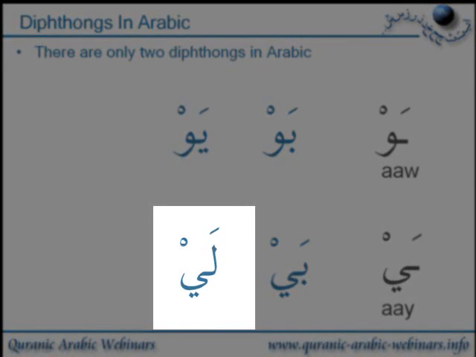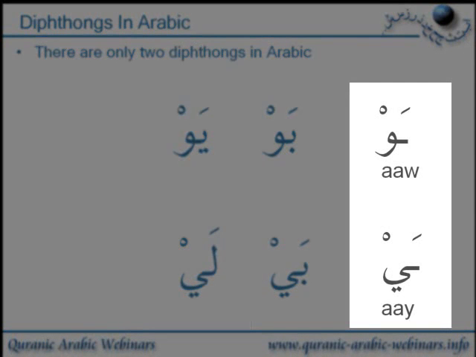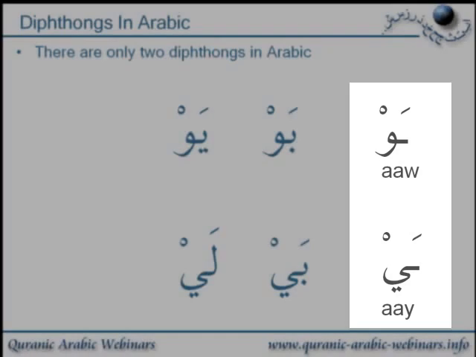Here we have lam joining to ya, lam with fatha, ya with sukoon, giving the sound of lay. So the two types of sounds you get which fall into the category of diphthongs are ow and ay, and then you apply that according to the letters before either the waw or the ya.